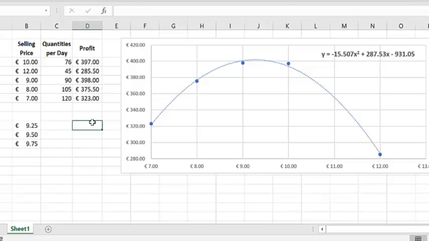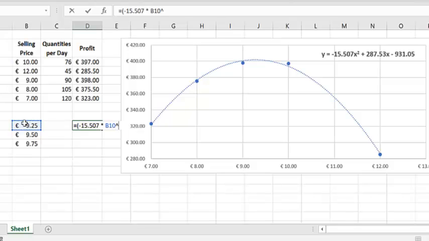And I am going to calculate the profit by plugging the selling price, which is being represented by the x-axis, in this quadratic formula. So I'm going to write equals, open brackets, minus 15.507 times, now instead of x we have the selling price, and we have to make it squared, to the power of 2.